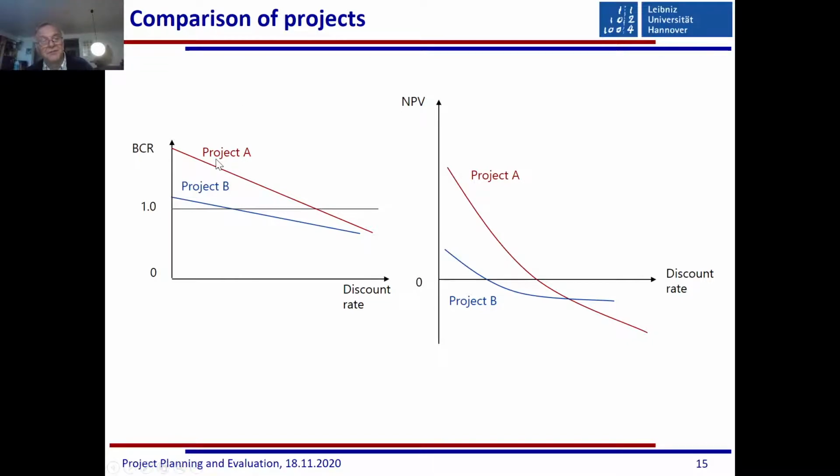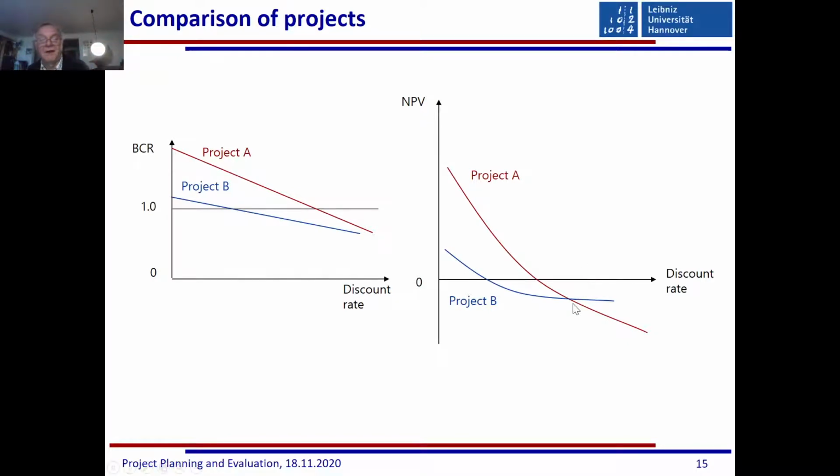And you could see for project A, it's a different project, this will be much later. If we increase the discount rate, the BCR would drop below 1 at a much higher discount rate. So obviously these two projects are very, very different.